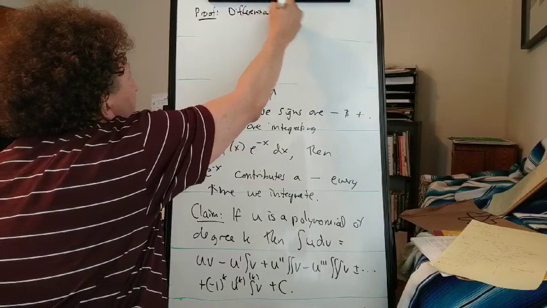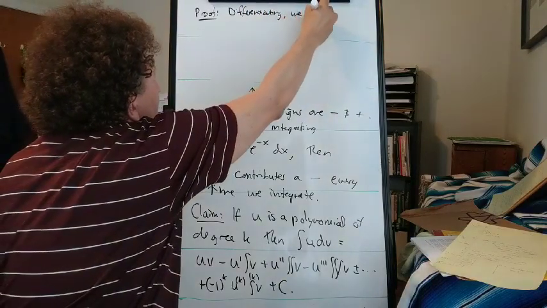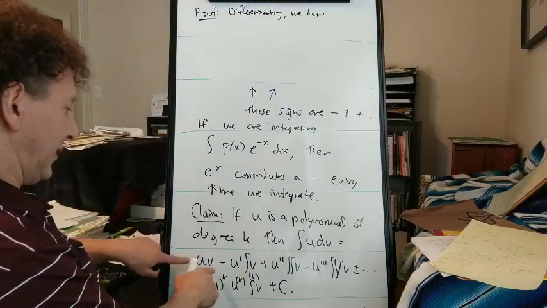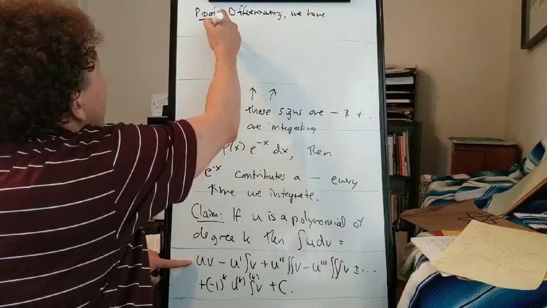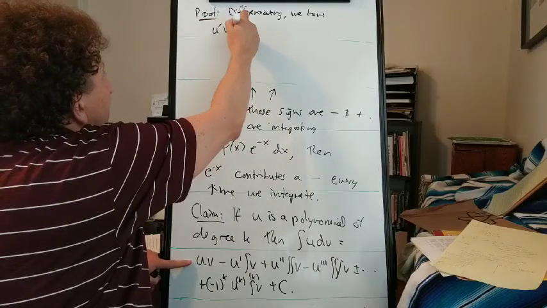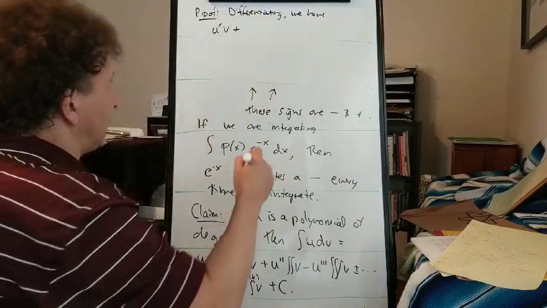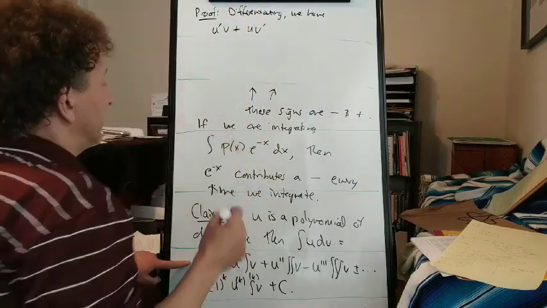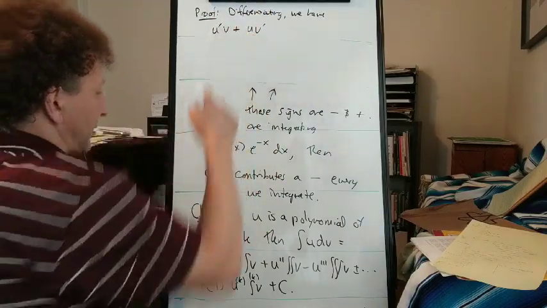So differentiating, we have, let's see, start with this. We have derivative of the first times the second plus derivative of the second times the first. I'm going to write all the u's first and the v's second. So plus derivative of the second times the first.